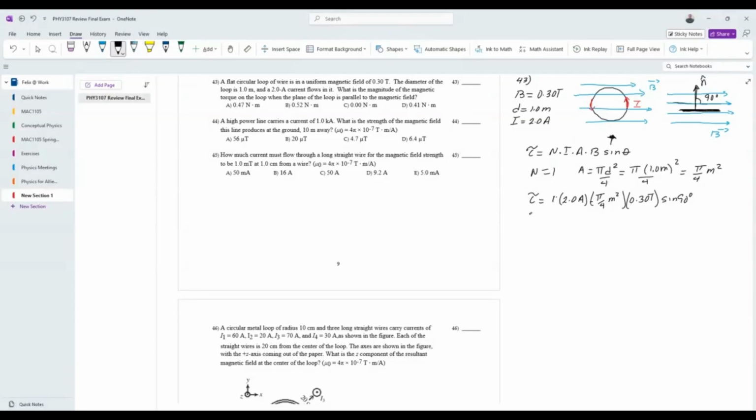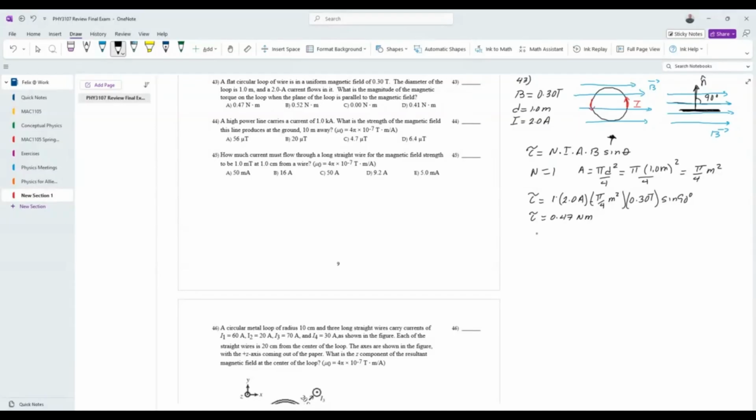So when you calculate the torque, this torque here would be 0.47 newton meters.